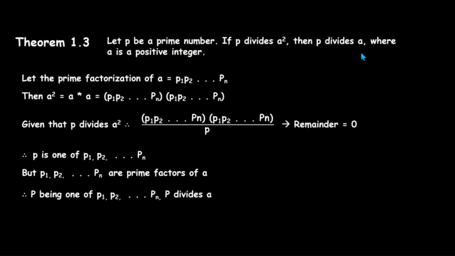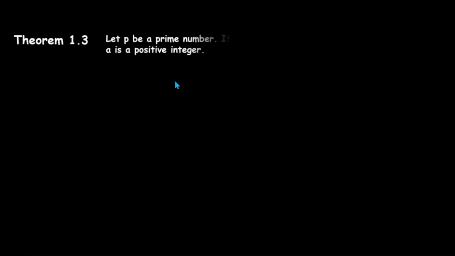Now let us see with few examples. Let us try to understand the theorem with a couple of examples. In simplest term, what this theorem is saying is, if a prime number p can divide some square number a square, then p can also divide the root of a square, which is a.